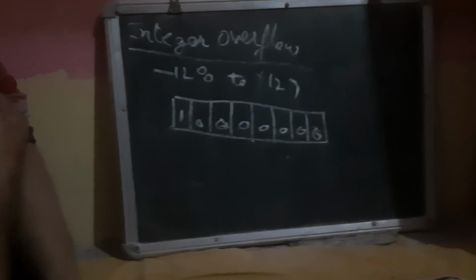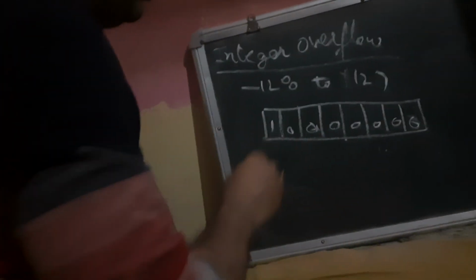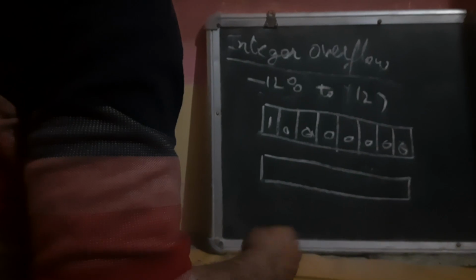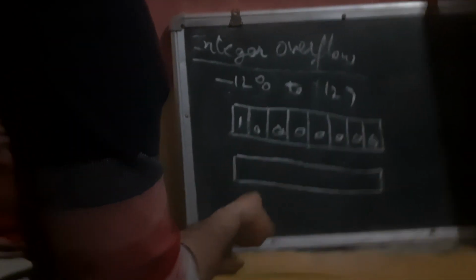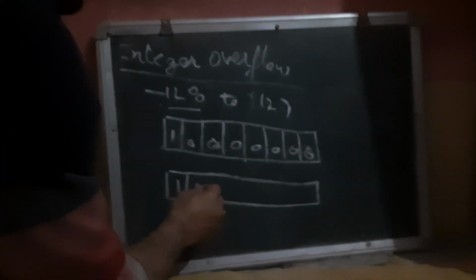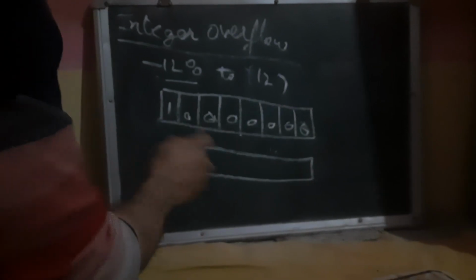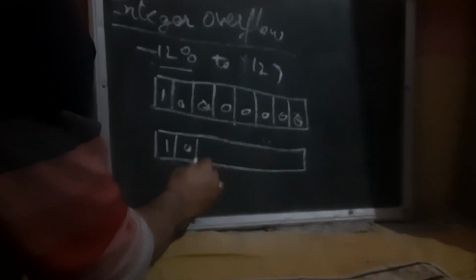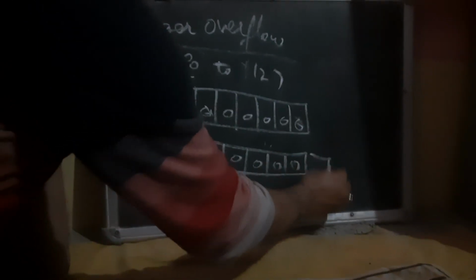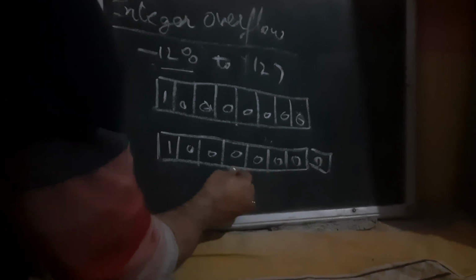Now let us store -128 in 1 byte. Let us see what -128 will be. Since it is a negative number, it will be stored in 2's complement notation, because negative numbers are represented in 2's complement notation. So what will be the value of -128? Let us see its magnitude. Its magnitude will be 1, 0, 0, 0, 0, 0, 0, 0.